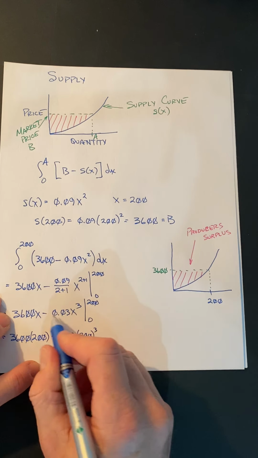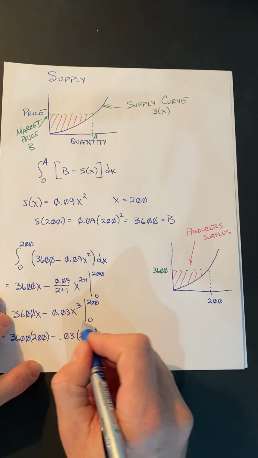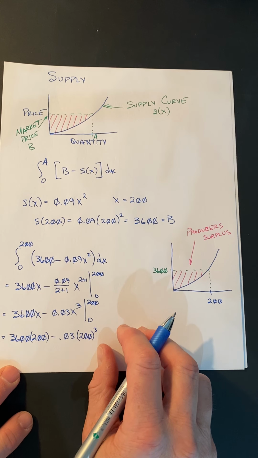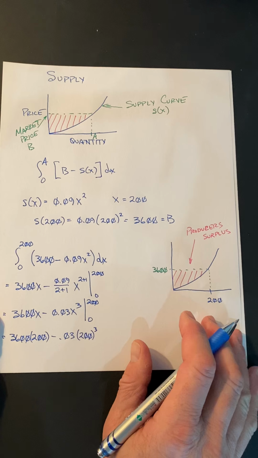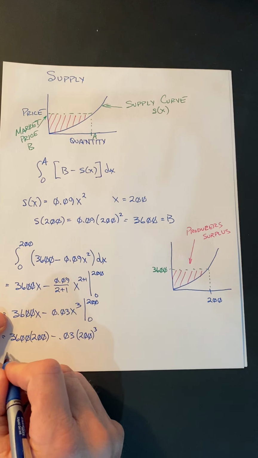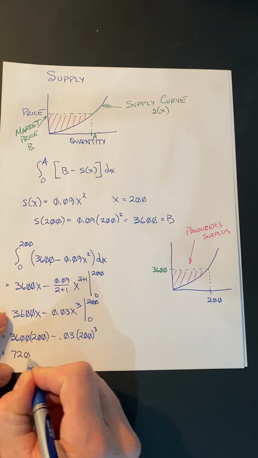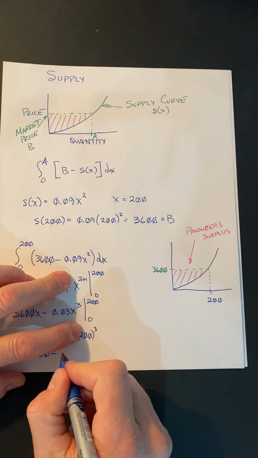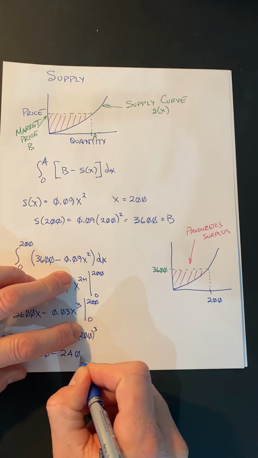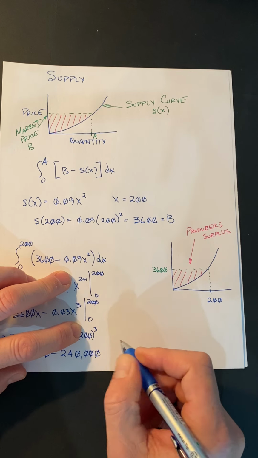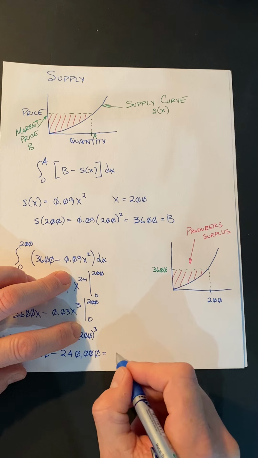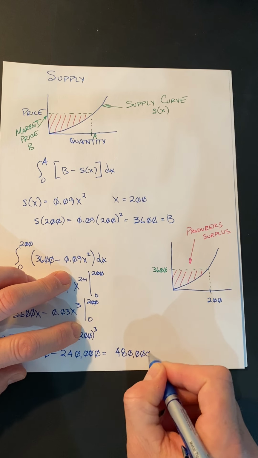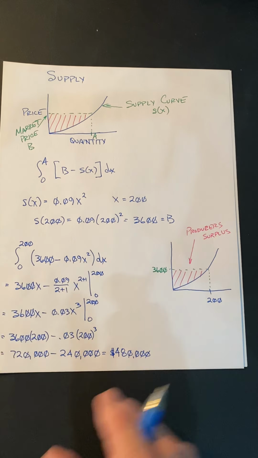And again, my lower bound is just going to be subtracting 0, so I'm not going to have anything there, okay? So punch all of that into my calculator. I'm going to get 720,000 minus 240,000 for a producer surplus of 480,000. And of course, this was in dollars, okay?